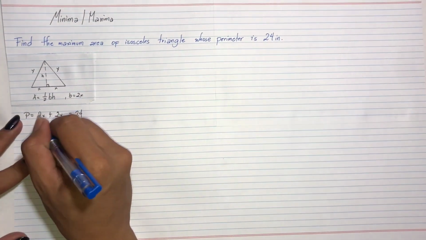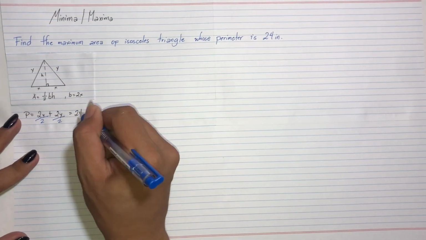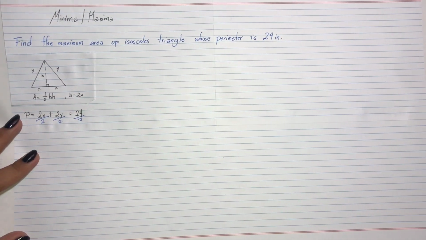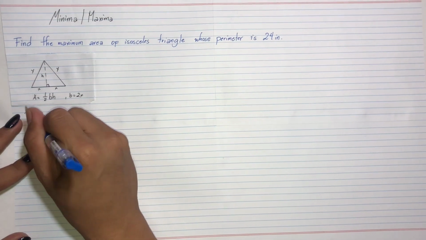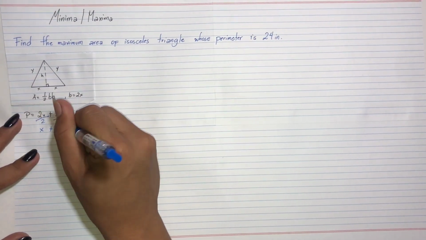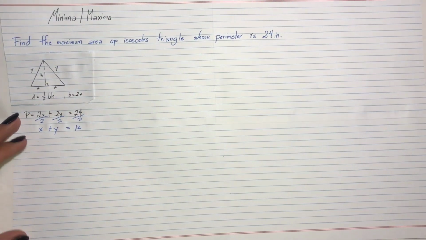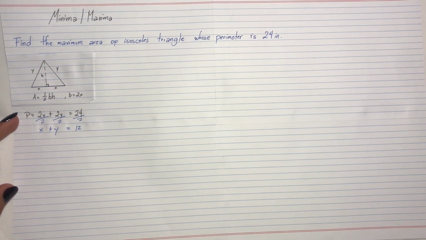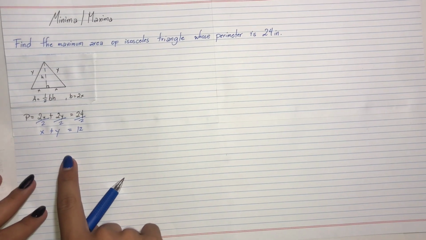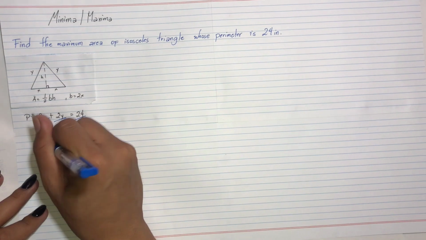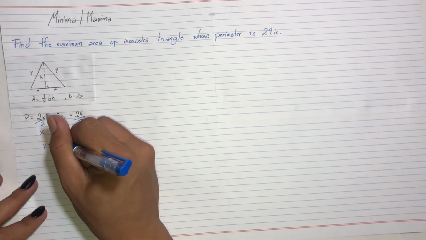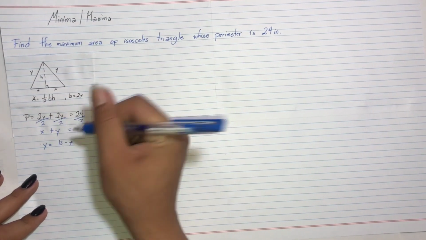Divide both sides by 2. That gives us x plus y is equal to 12. We want to express these in terms of x. That is, y is equal to 12 minus x.